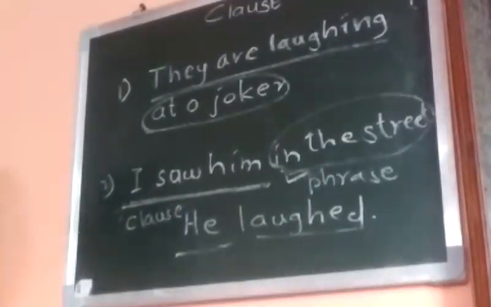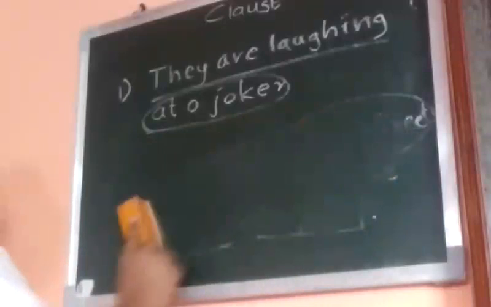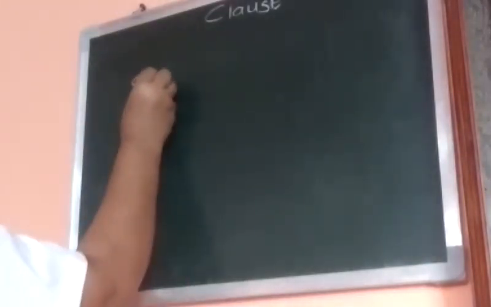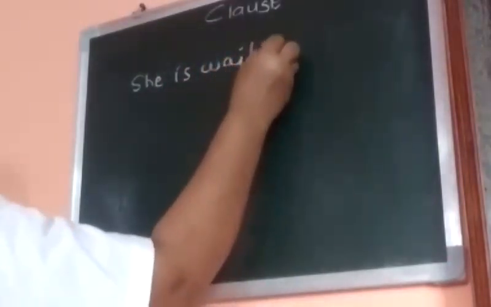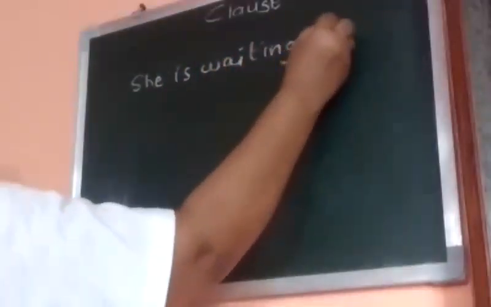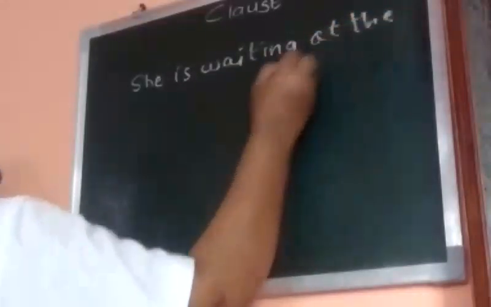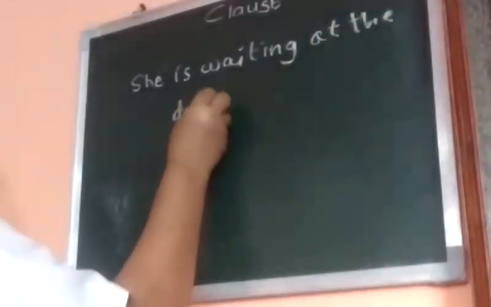This is the difference between clause and phrase. Now we can take some more examples. She is waiting at the door.